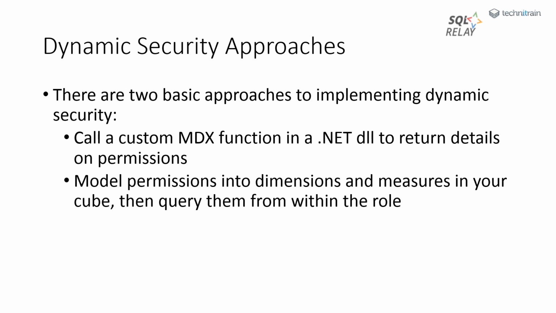You can either create a .NET DLL and upload that DLL to Analysis Services, and in there have a custom MDX function which, for example, connects out to a relational database, grabs permissions, and then brings that back to your role. Or you can model your security permissions as dimensions and measure groups inside your cube, and then just use a bit of MDX to query those measures and measure groups inside your role definition.